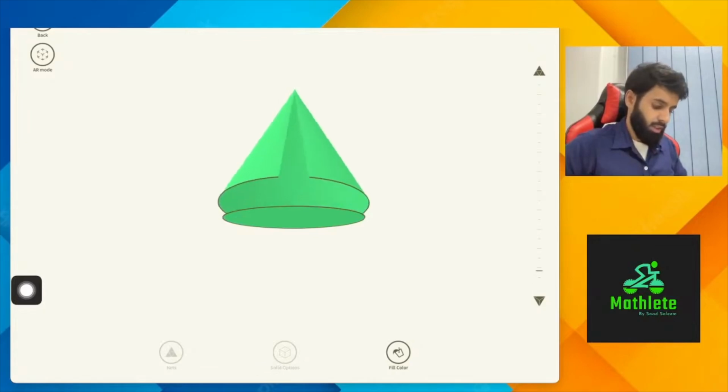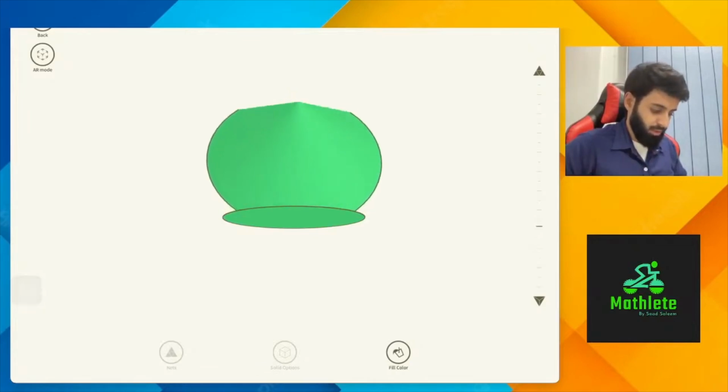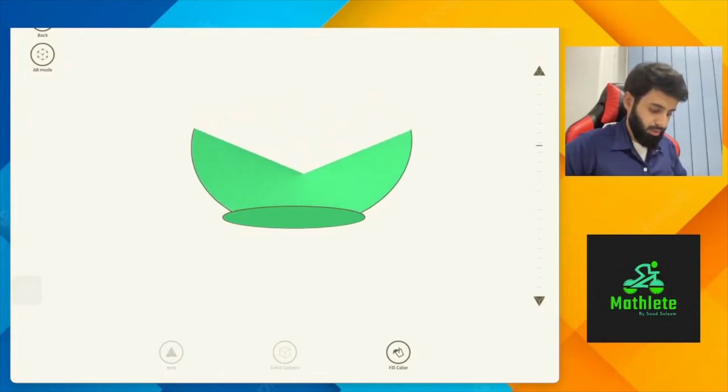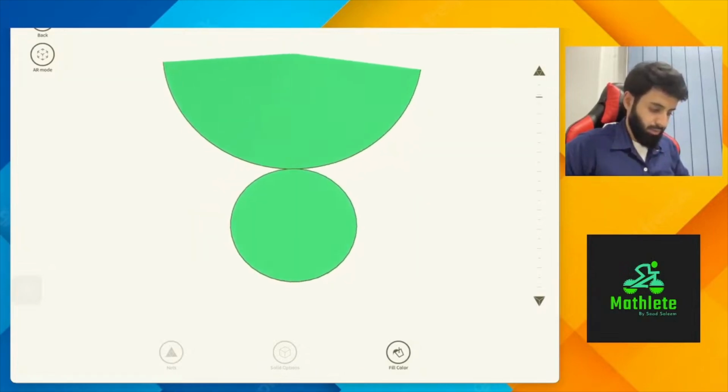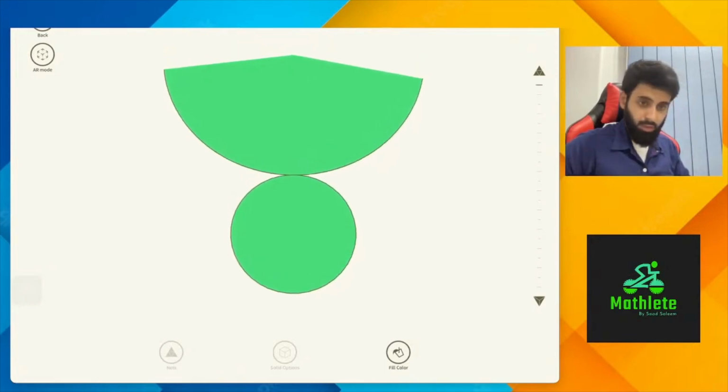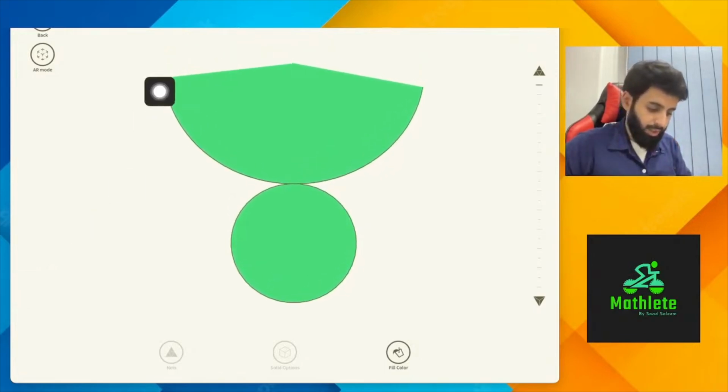I'm just going to do that slowly so you guys can see what's going on. Now what do you guys think, what is this length equal to? What is the arc length of the sector equal to?